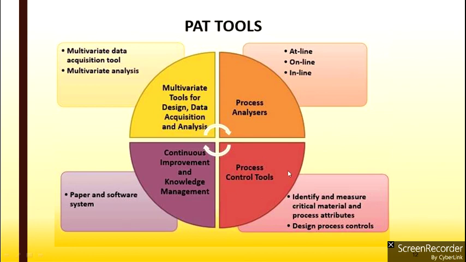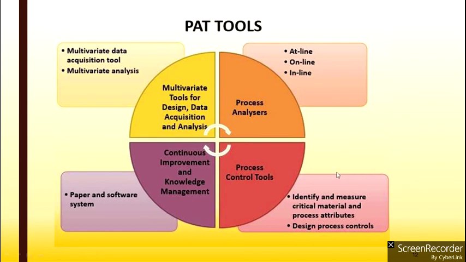You have to control, because you don't want any error to happen in your final product. So you have to keep those processes in control. You have process control tools which will tell you, if I change this parameter, what will be the impact, and if I change that parameter, what will be the impact.